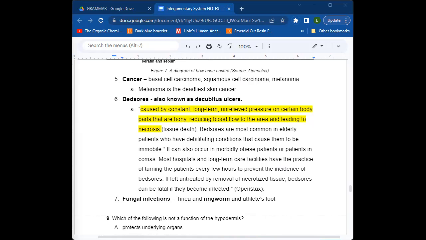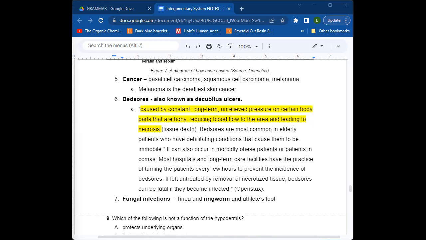The people that are most at risk for decubitus ulcers, also known as bed sores, yes, it definitely can be the elderly, but they're not the only ones. Really, anybody with a mobility issue is at high risk for a decubitus ulcer.